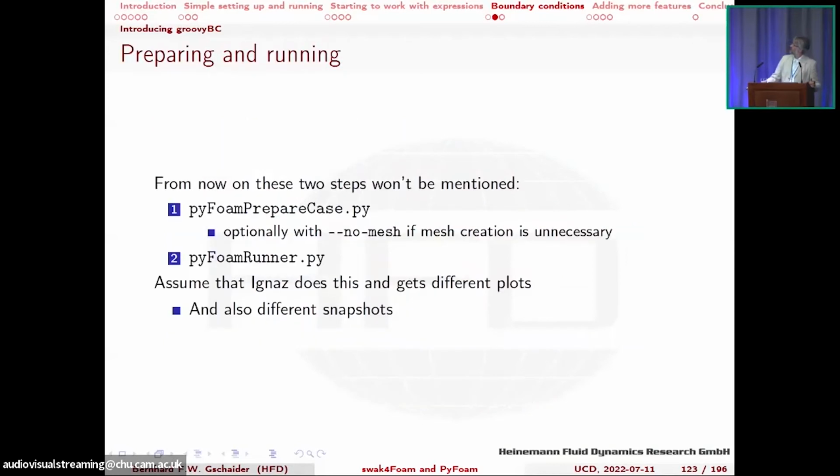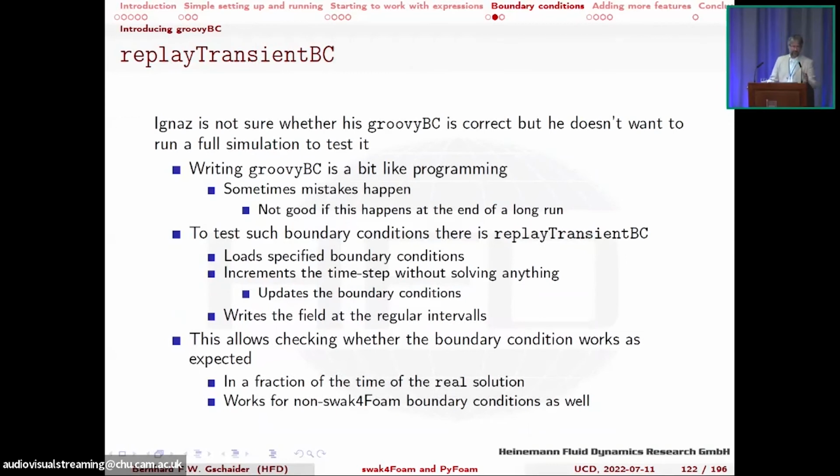It's a utility that you tell, okay, please load this field, this field, this field, and this field. Then it increases the time, and at each increment of time, corrects the boundary condition and writes it out. So basically, you get the actually used boundary conditions written out to disk, and you can then open ParaView and check and say, okay, the heater is going to go in the right direction. I'm fine. I can start the run over the weekend, and it does it because it only changes the boundary condition. It's ridiculously fast.